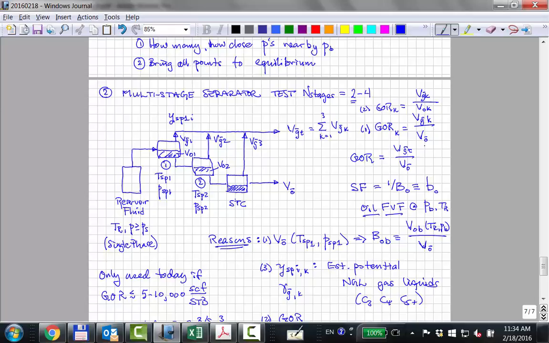So they may report it relative to the separator oil volume, or they actually may give you both. Oh, you mean the individual GOR for each stage, stage 1, 2, and 3. Yeah.